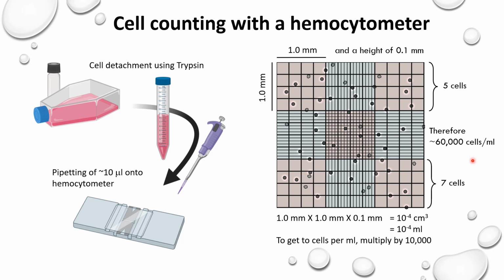If you want to know how many cells you had in your flask, remember you trypsinized all the cells and you resuspended them in 10 ml. So the total number of cells here, you counted 60,000 cells per ml.